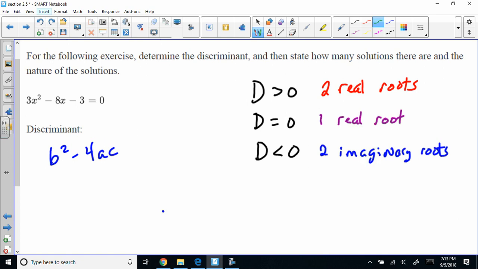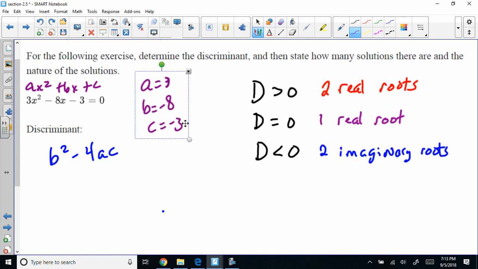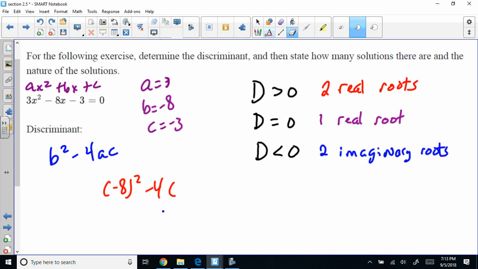All right, so first things first, ax squared plus bx plus c. Well, a is 3, and then b is -8, and c is -3, right? So -8 squared minus 4 times 3 times -3.